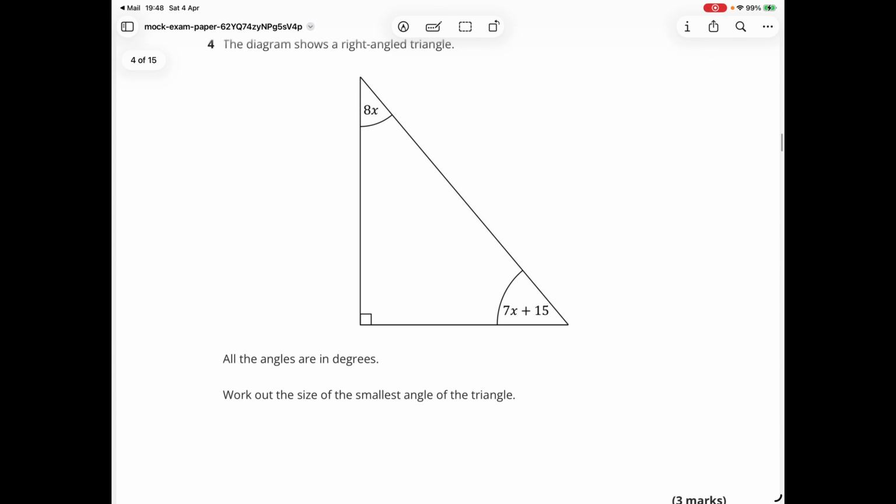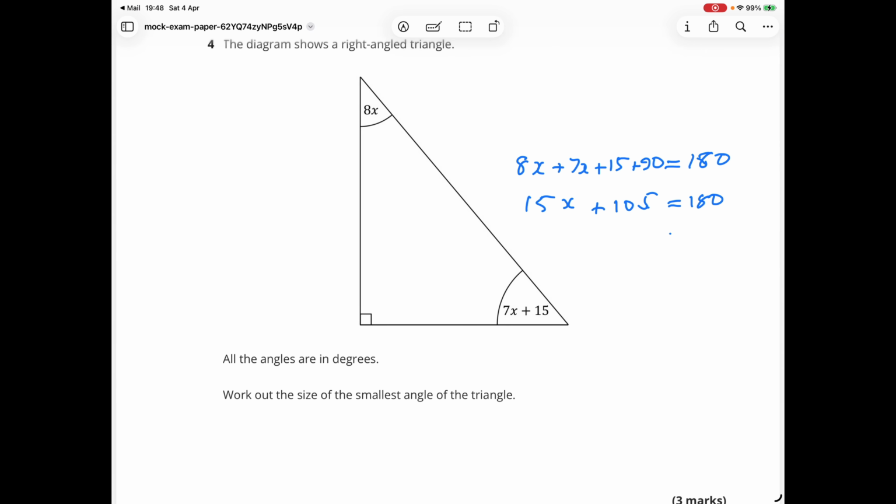The diagram shows a right-angled triangle. All the angles are in degrees. Work out the size of the smallest angle. So we know that the three add up to 180. That's 8x plus 7x plus 15 plus 90 equals 180. So that's 105 on this side and 15x equals 180.